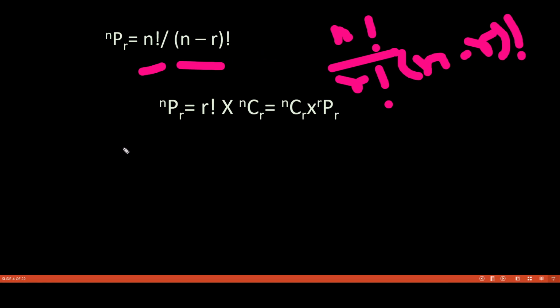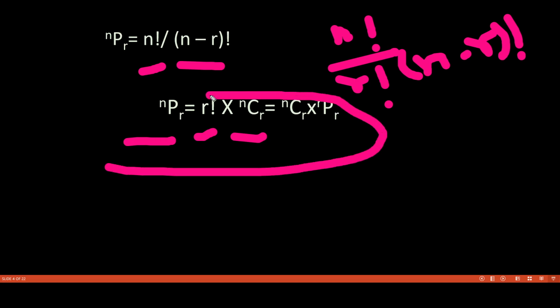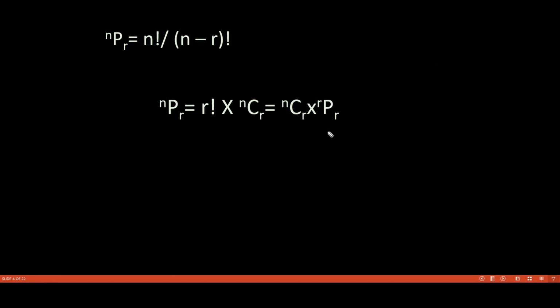So obviously nPr is factorial r into nCr. We can write this in this way, or nPr can also be written as nCr into rPr. So this is the equation in which we combine permutation and combination in a single equation. Try to remember this.